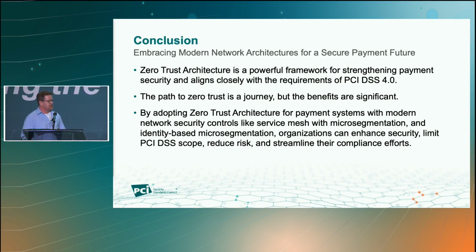By adopting these technologies, service mesh, identity-based micro-segmentation, workload identities, and zero trust architecture via Istio and Envoy proxies, you can not only reduce scope, but also enhance security posture and reduce risk of payment environments.